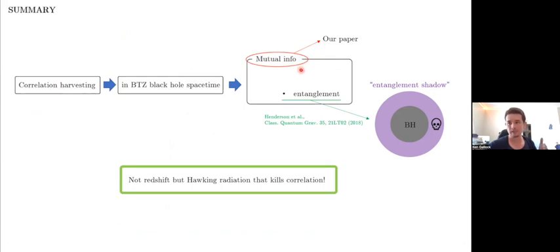But it is not gravitational redshift, it is Hawking radiation that is actually responsible for this death of correlation. And we expect that this is also true for the death of entanglement near the event horizon. Probably I'm a bit too early, but this is my talk.